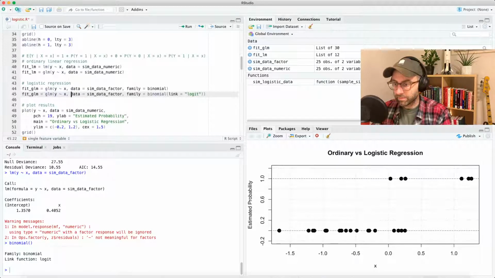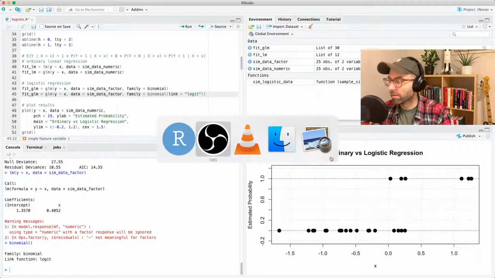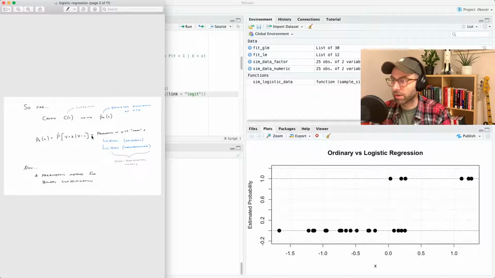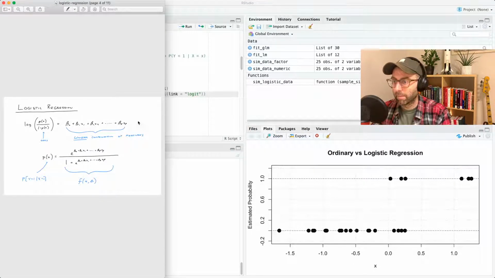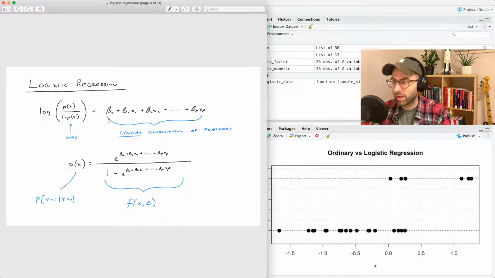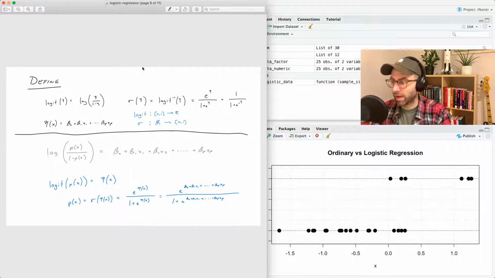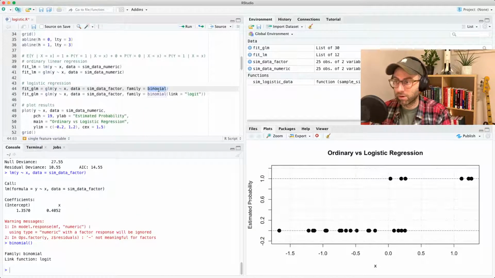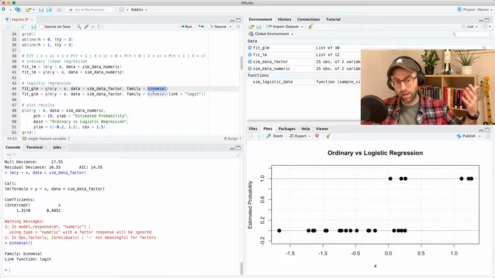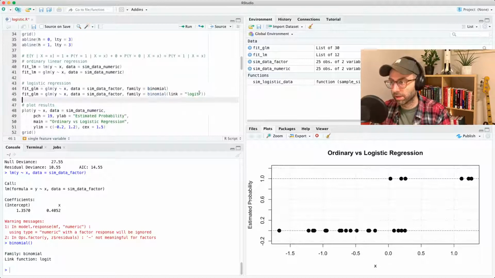So if we pull up the notes we were looking at, here we're talking about this notion of the logit link. So technically, by default, when you say binomial here, it tells it to use a logit link, but just note that you could actually change that.